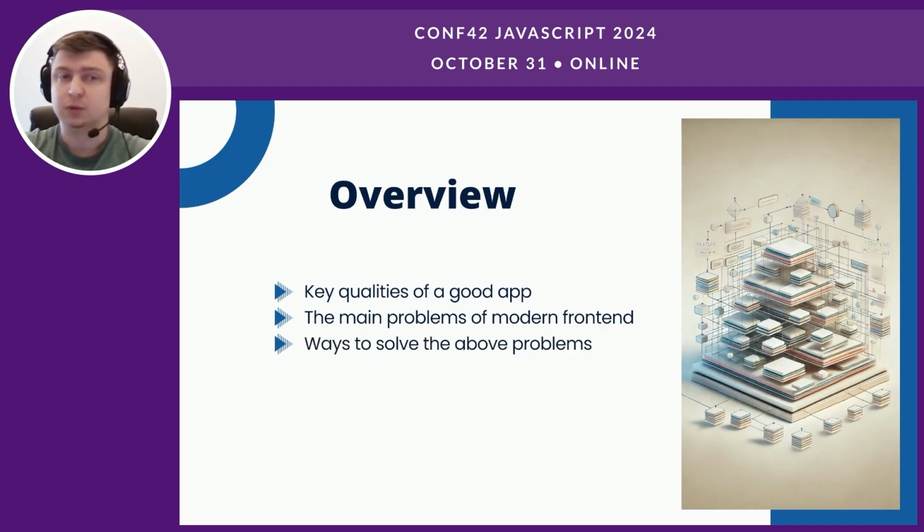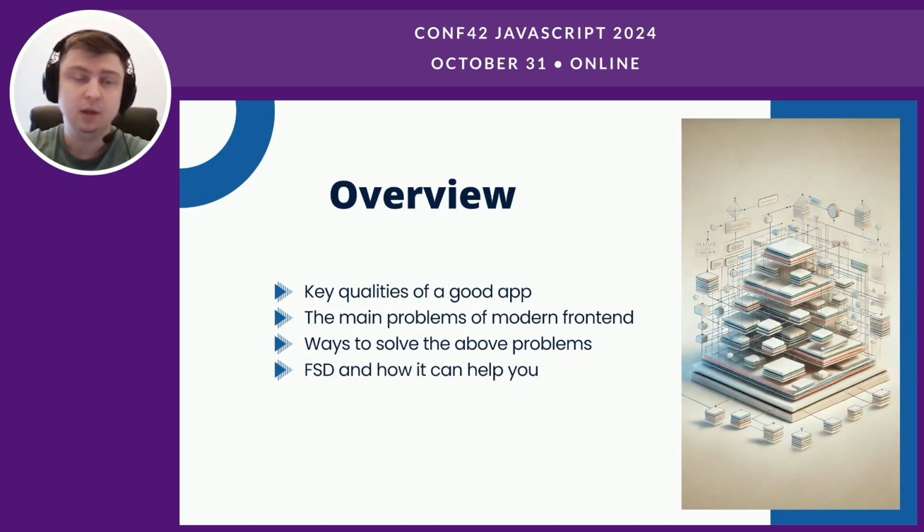Next, we're of course going to cover some ways to solve those problems. And in the final part, I want to tell you about Feature-Sliced Design and how it can help you solve this problem. That's not the only solution, but it's my favorite one.